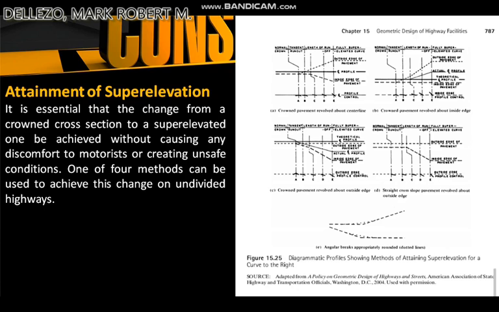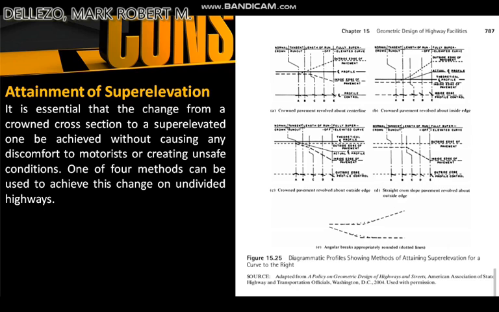First is A, crown pavement revolved about center line. Then letter B, the next one, crown pavement revolved around single edge. Then the next, crown pavement revolved around outside edge.